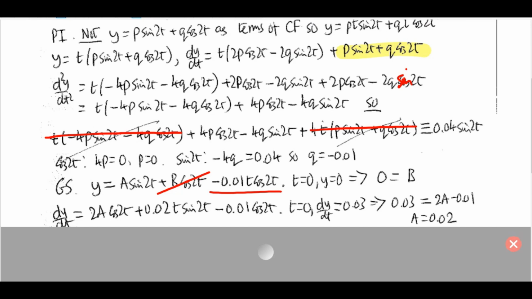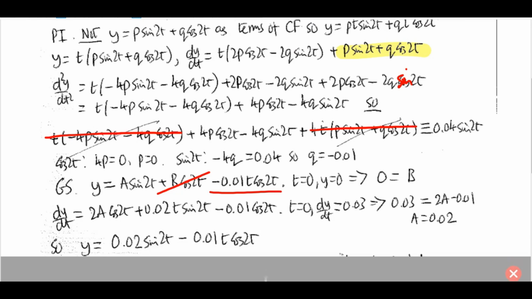And then u times dv is minus 0.01 cos 2t. If you sub into that, when t is 0, dy by dt is 0.03, you will get 0.03 on the left, on the right 2a, the 0.02t sine 2t term is 0, minus 0.01 because cos of 0 is 1. And if you rearrange that, a turns out to be 0.02.